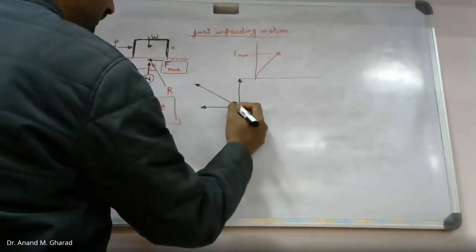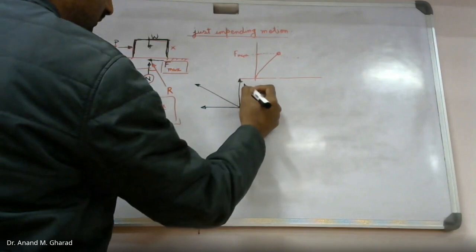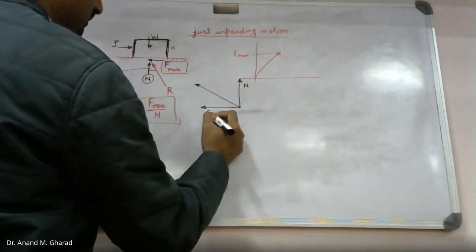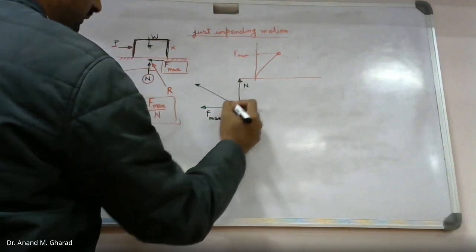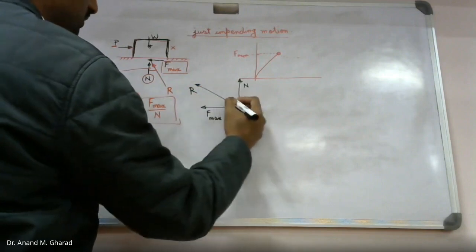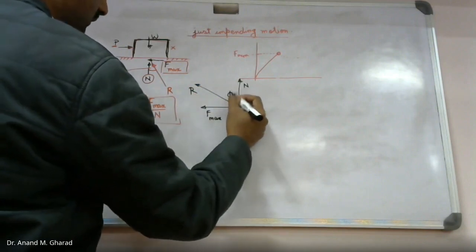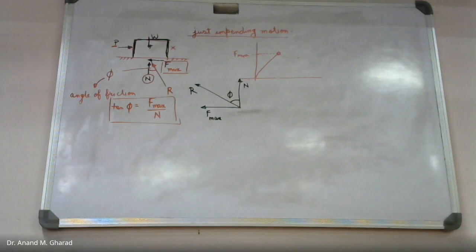Like this, and we are actually finding out, this is the normal reaction, this is F max value, and this is that resultant force, and we are actually finding out this phi value.